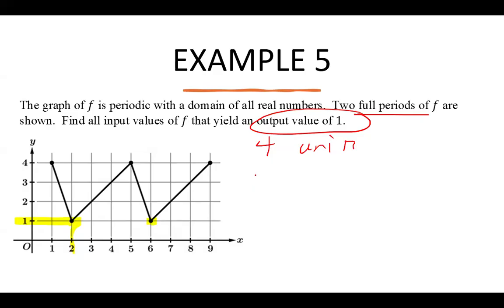So if I'm starting at 2, and every 4 units I keep going, that's where my results are going to be. And k is an integer of how many times I am repeating that phase, that period.